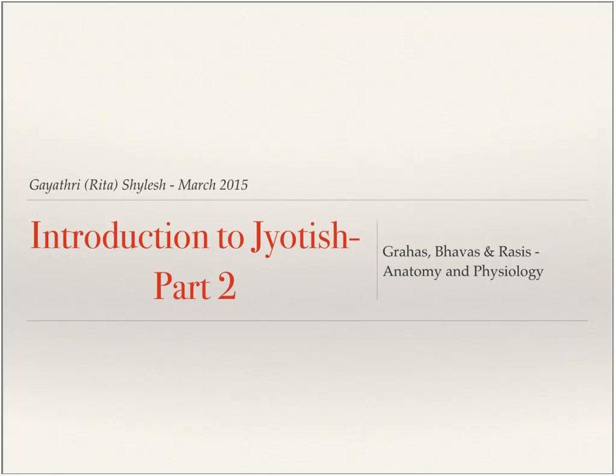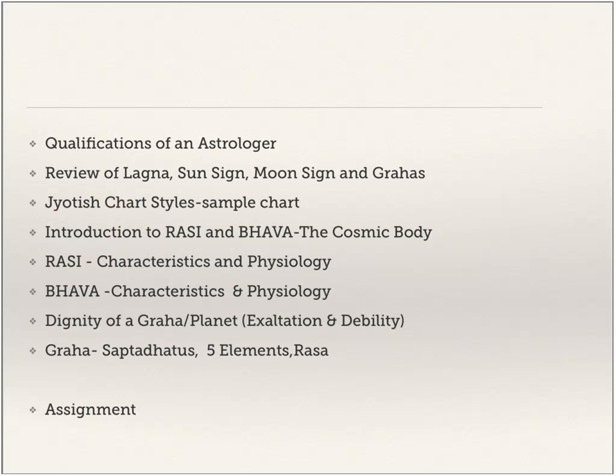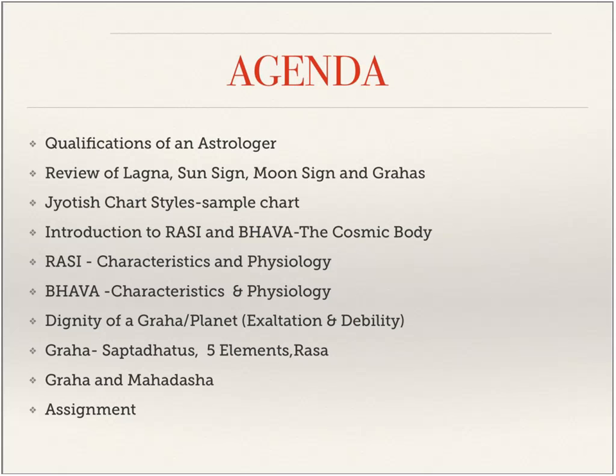So please know that anything you're receiving through my words is just a very small fraction of this amazing, vast, and mind-boggling science. Today we're going to cover grahas and bhavas a little bit more in context.